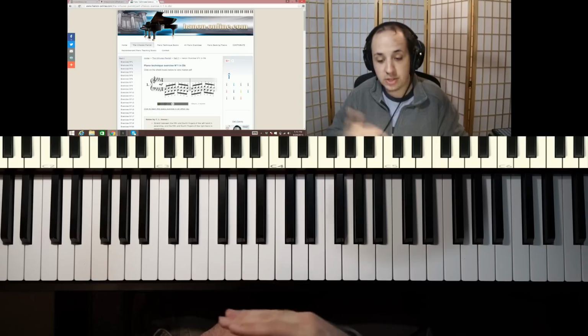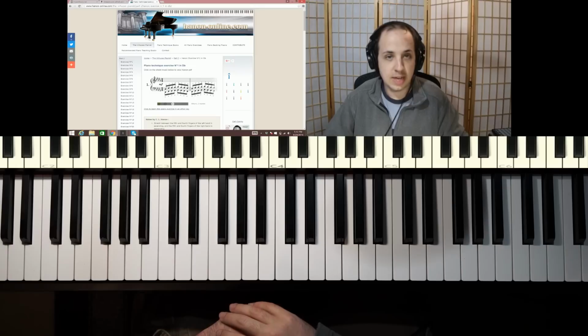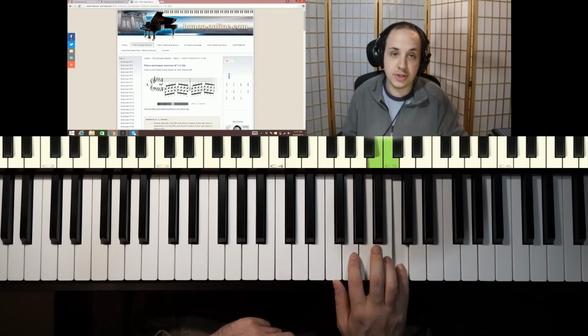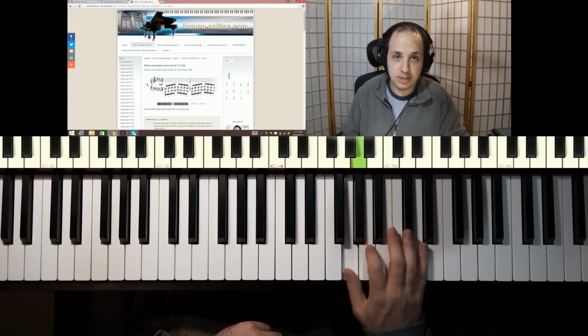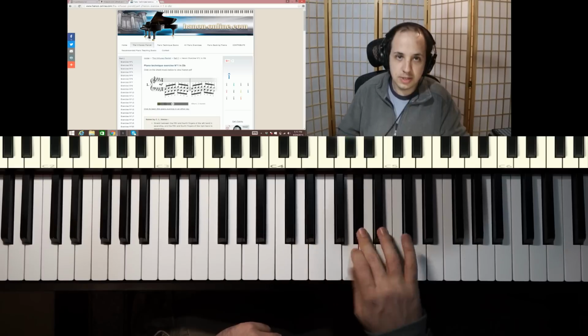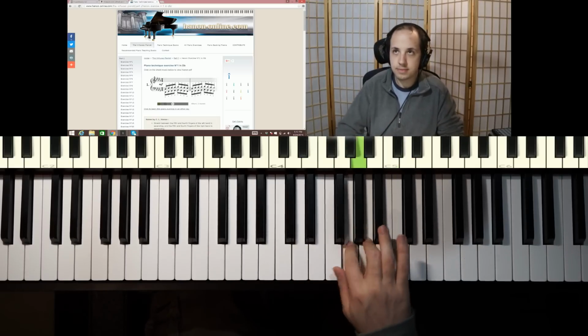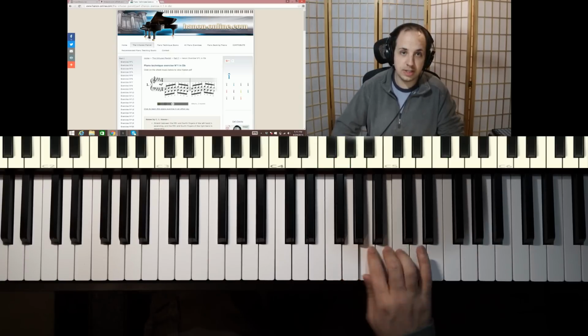And at the back of the books, I'm not sure if it's on the site, I haven't seen it, they have scales, and they give you the fingering for the scales. So obviously you have to play the right scale with the right fingers, or they will not work out quite correctly.